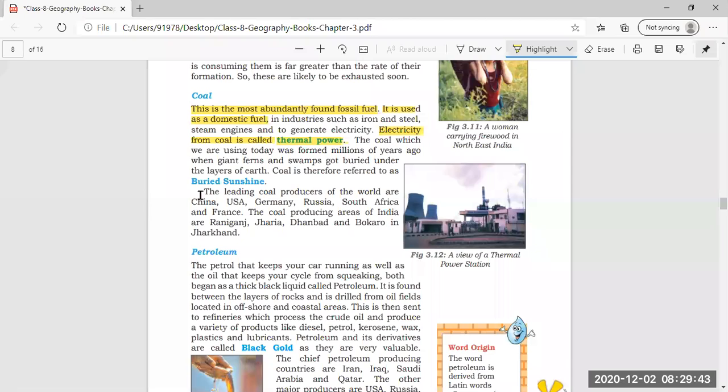The coal which we are using today was formed millions of years ago, when giant ferns and swamps got buried under the layers of the earth.